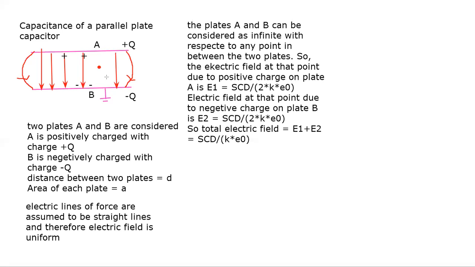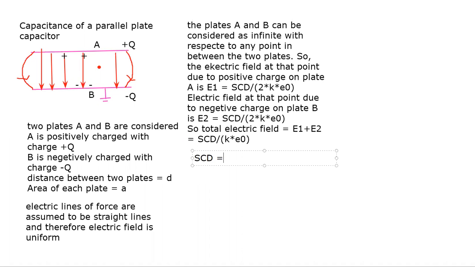The value of the electric field at this point due to the positive charge of plate A is E1 and it is equal to SCD by 2 into K into epsilon 0. Now, what is SCD? SCD is surface charge density.